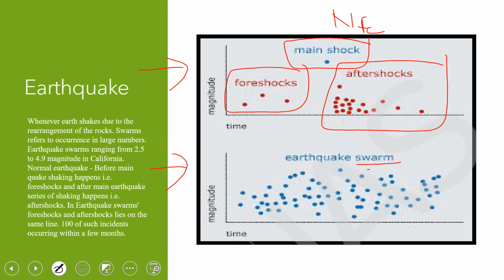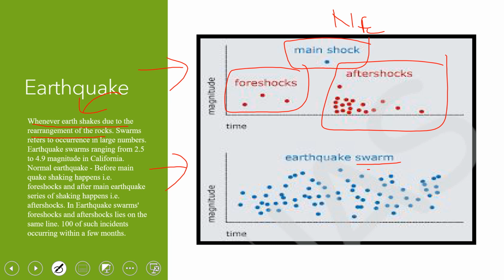Whenever the earth shakes due to the rearrangement of rocks, an earthquake happens. Swarms also happen due to the rearrangement of rocks.